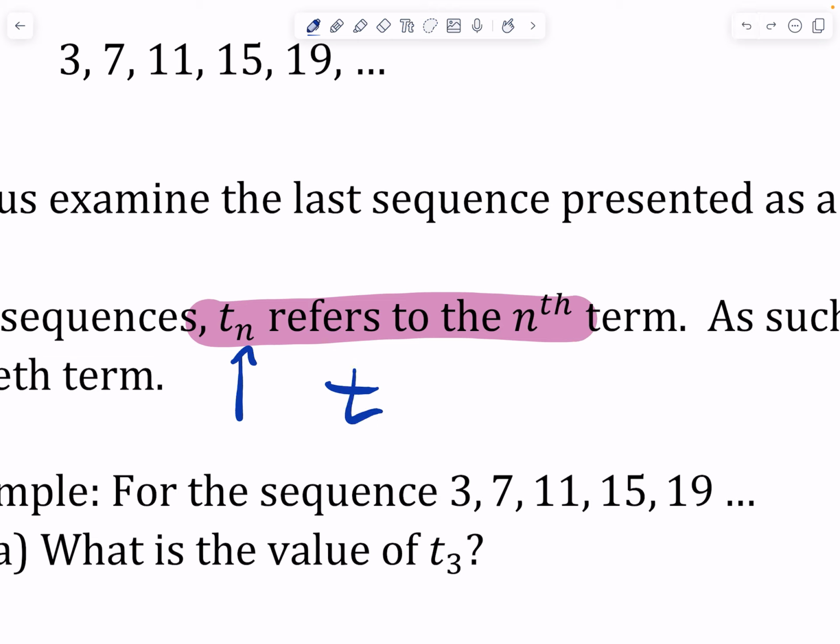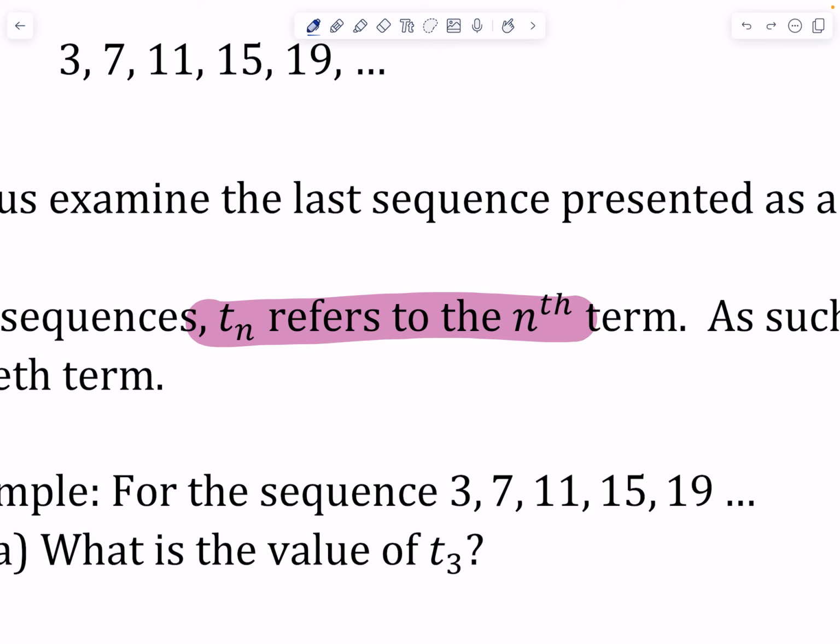It's also not a superscript n. It's not up here. That would be an exponent, and these are not exponents. This n just indicates which term it is. So the T says we're talking about a term, and then that n tells us which term we're looking at, where it could be term 1, or term 2, or term 3, stuff like that.